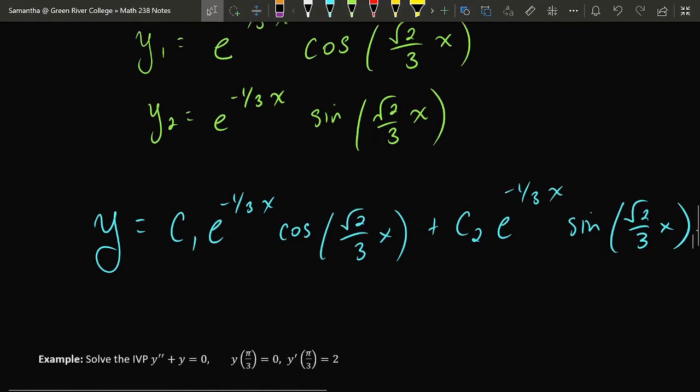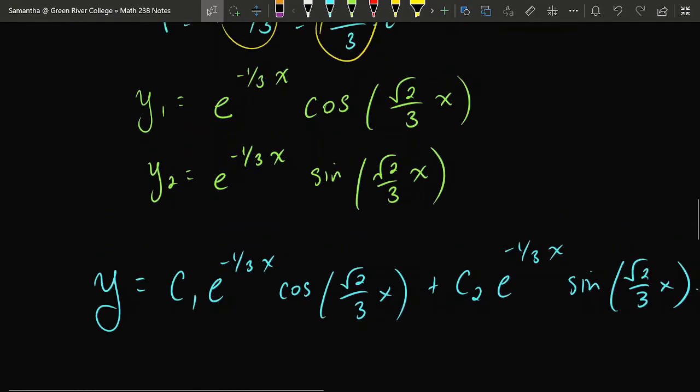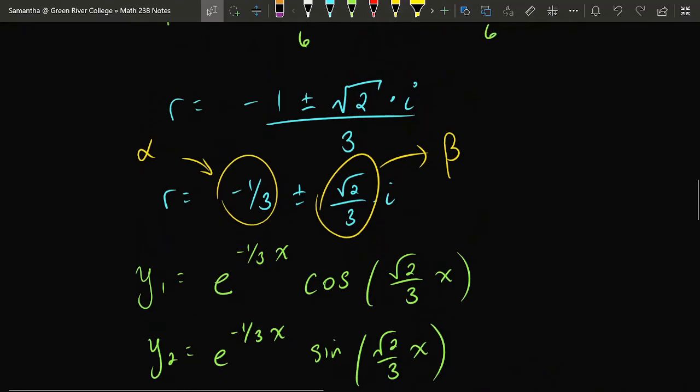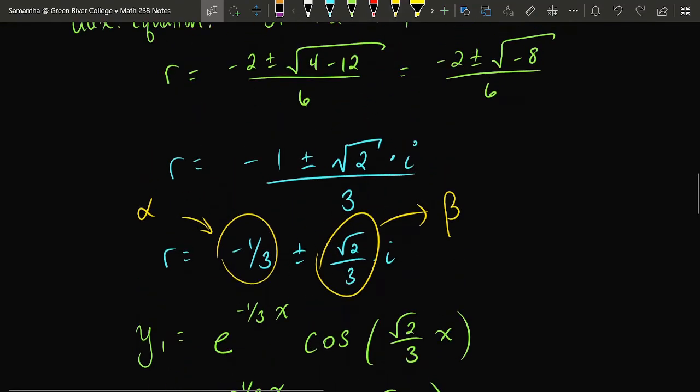So that is how we solve a homogeneous differential equation in the case that we have an auxiliary equation with complex roots. Simplify the complex roots and identify the value of alpha, which is the real part, which is not attached to the i, and the value of beta, which is the complex part, which is attached to the i.